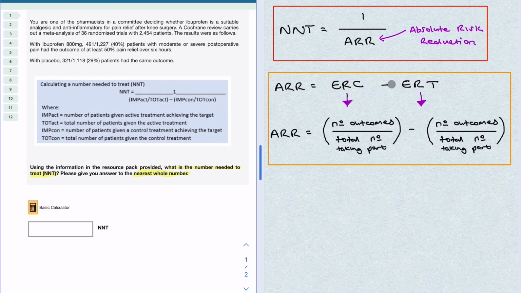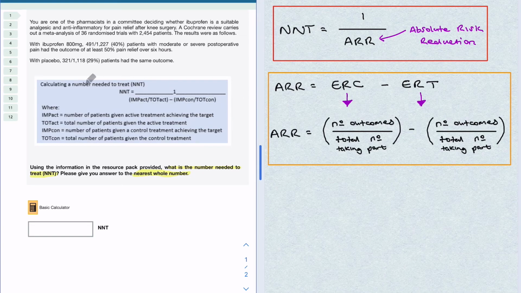The best way to tackle these questions is to just follow the methodology of this process, which is that the absolute risk reduction, really what it means is the number of outcomes divided by the total number of people taking part. That's one part of the equation. Take away, again, the number of outcomes divided by the number of people taking part. This will make a lot more sense once we tackle this question.